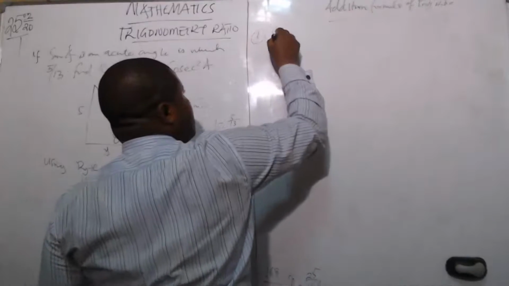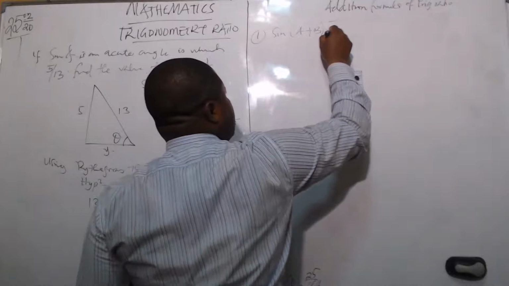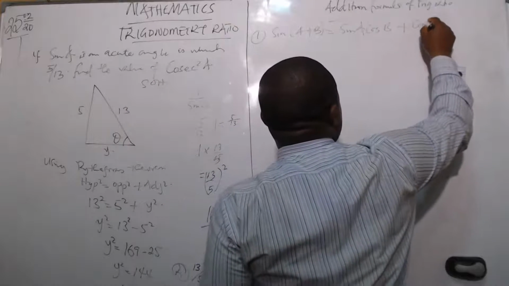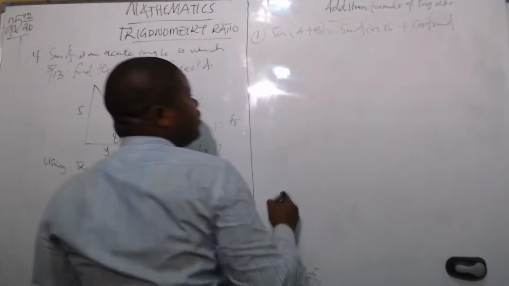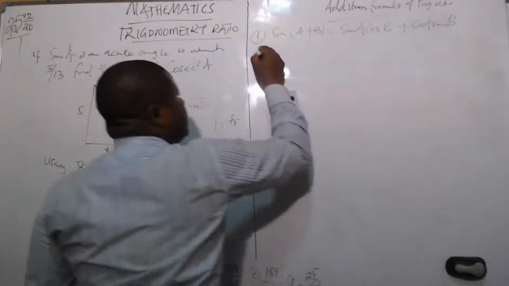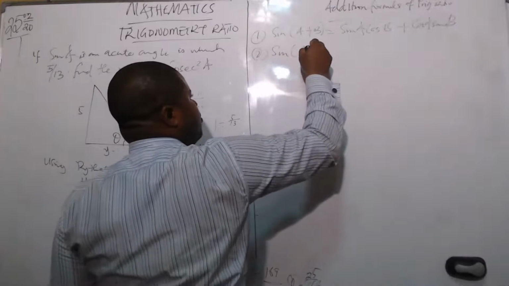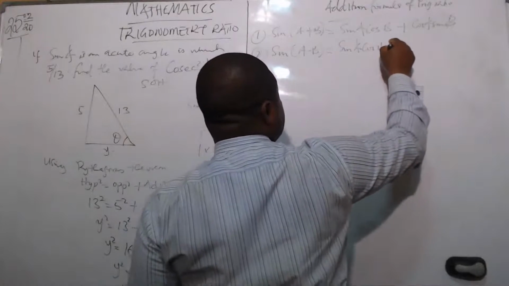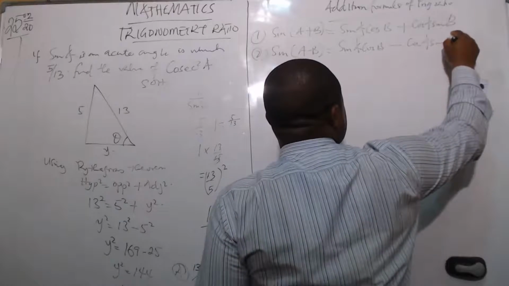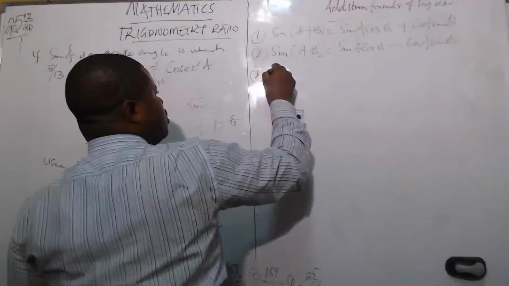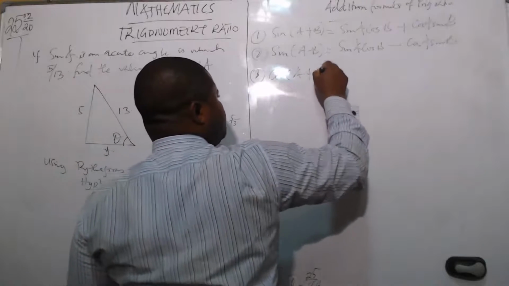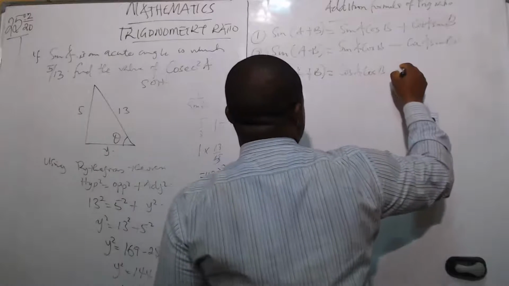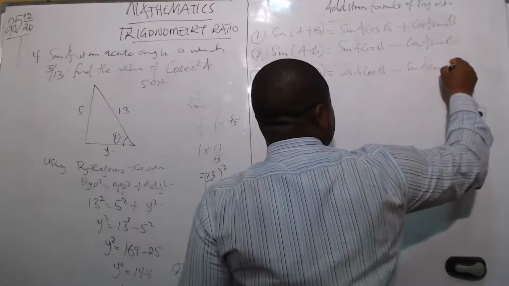The first one says sine (A plus B) is equal to sine A cos B plus cos A sine B. The second one says sine (A minus B) is equal to sine A cos B minus cos A sine B. The third one says cos (A plus B) is equal to cos A cos B minus sine A sine B.